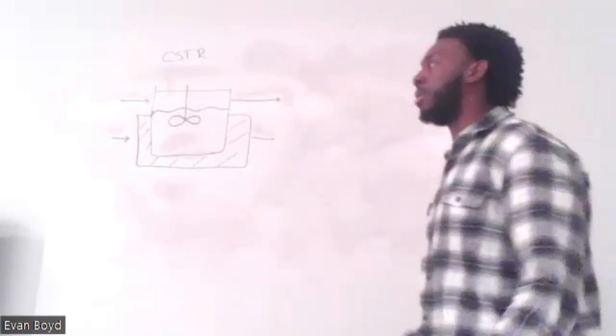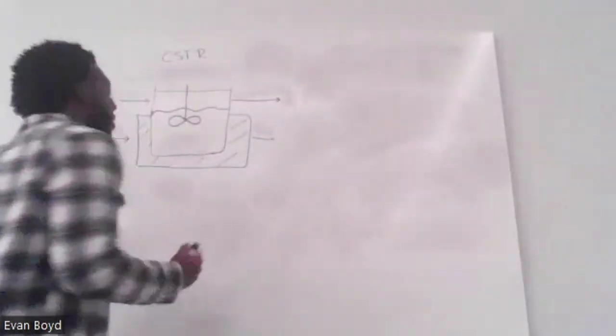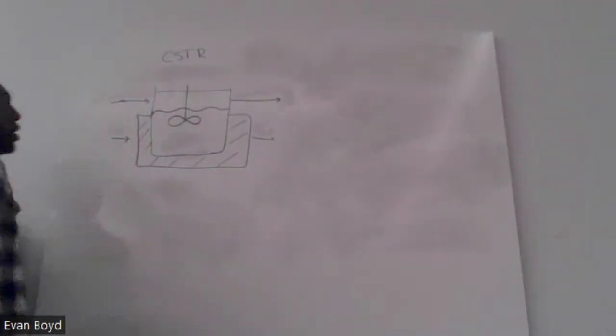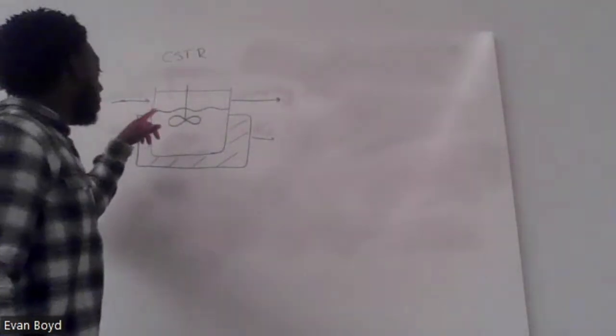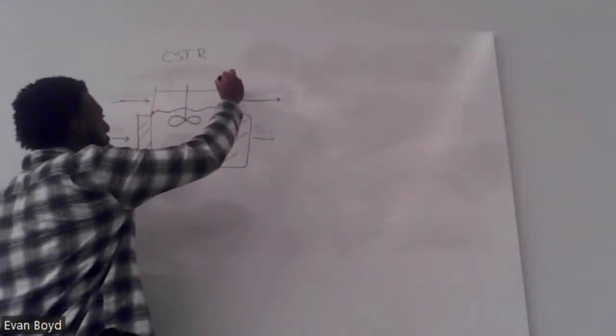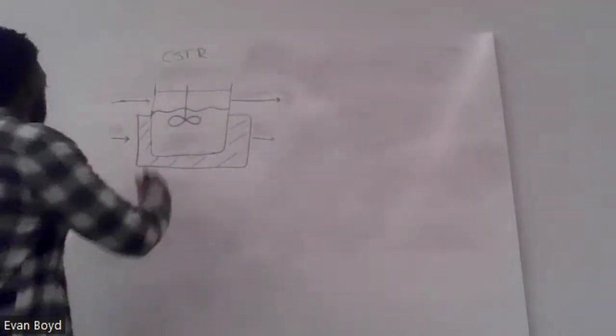Basically, how a CSTR works is you have a liquid going into a tank. The tank can be open or closed, but in this process it will be sealed, with a constant pressure.